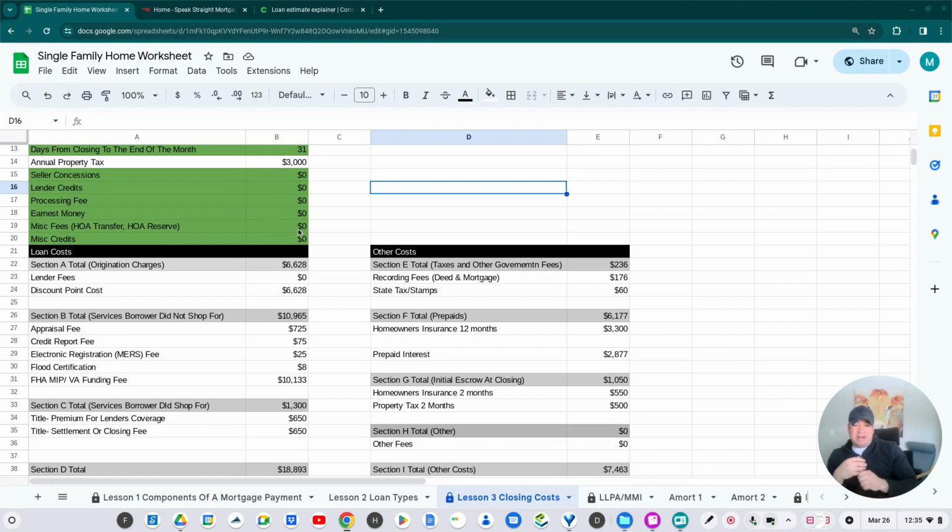If you have a condo or a townhouse, I would put $1,000 in there just to be safe because of those fees I just mentioned. Like there could be a condo certification fee, which I would actually go in Section B, but you could put it in H. The end result's going to be the same. But we're putting 0 there.